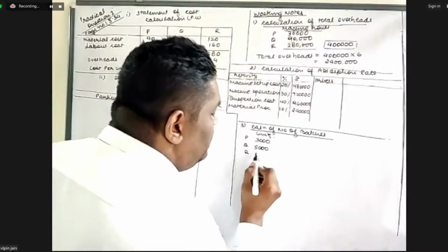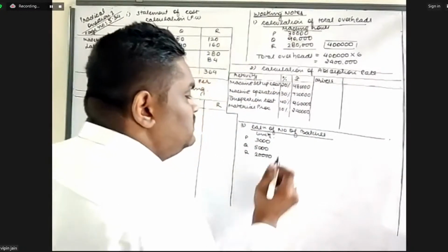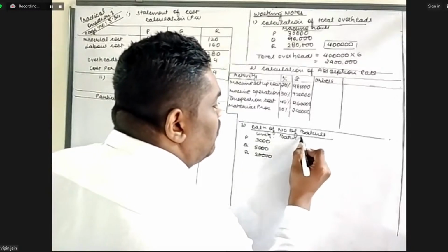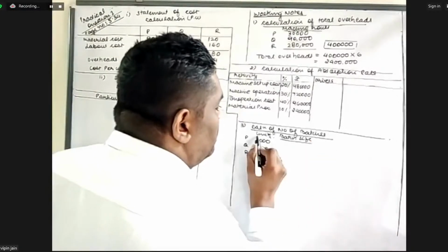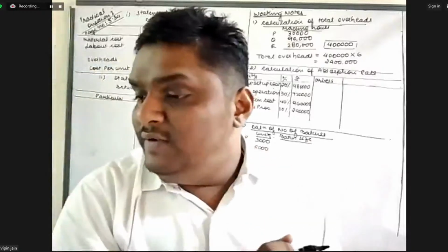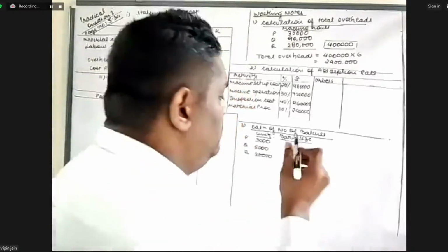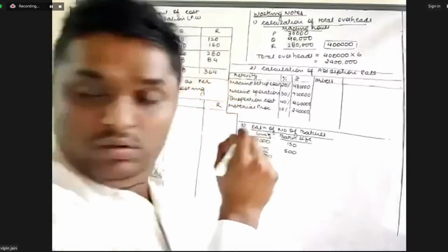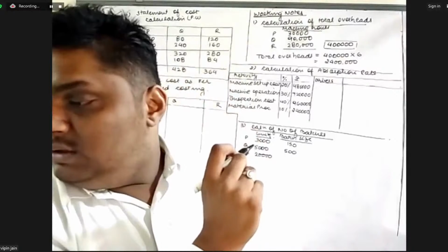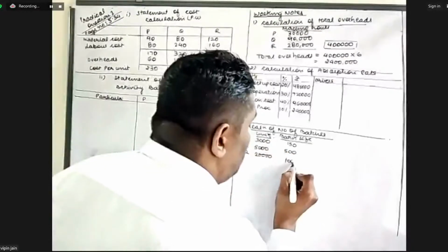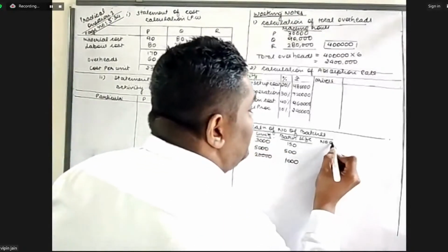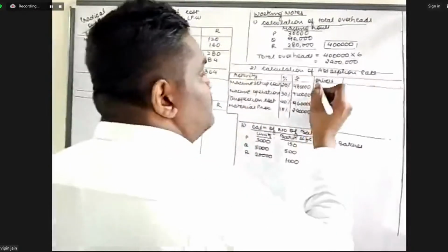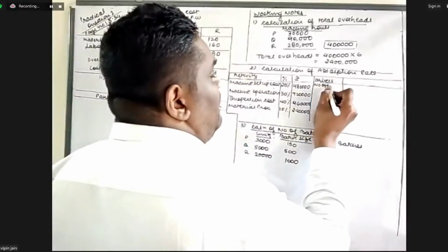Further, the batch size is given: in every batch, we order 150 units of P, 500 units of Q, and 1,000 units of R. So we can easily get the number of batches. For this, the cost driver will be number of batches.